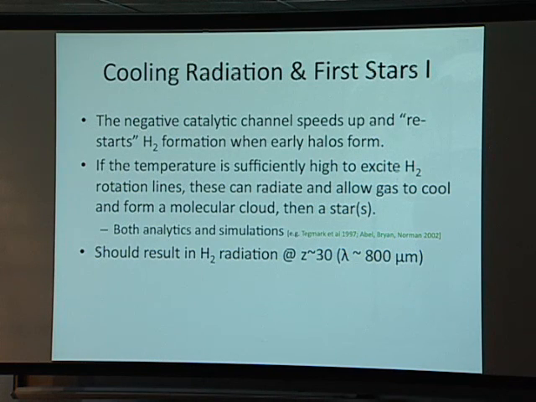Then you start producing more H2 in those halos because you have this negative catalytic channel going on. And it's quite efficient because by this time the microwave background has redshifted way out of the regime in which it can destroy H-, and the densities are high enough that these reactions can proceed.